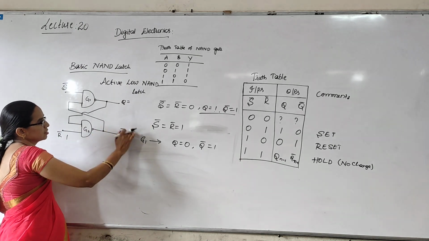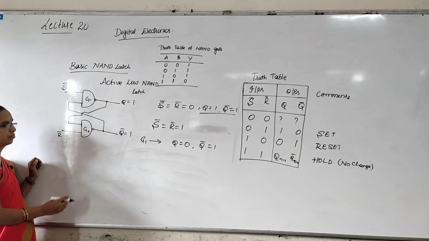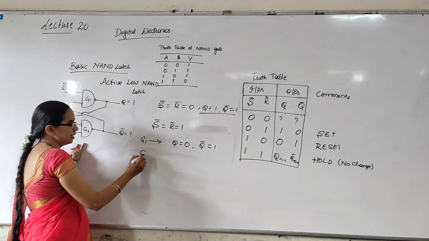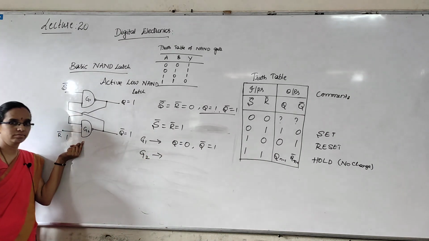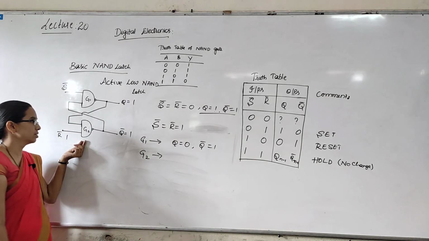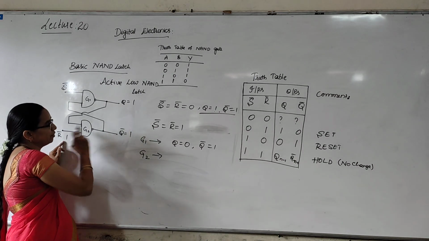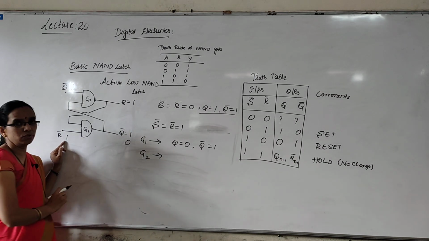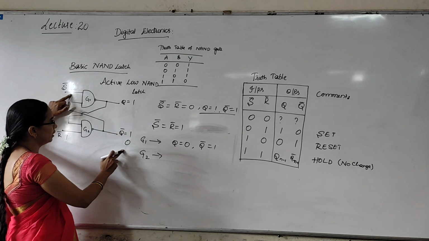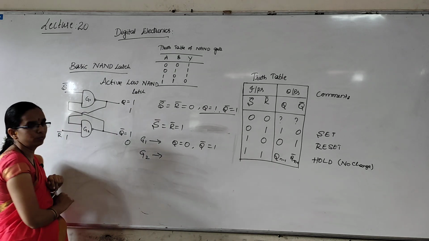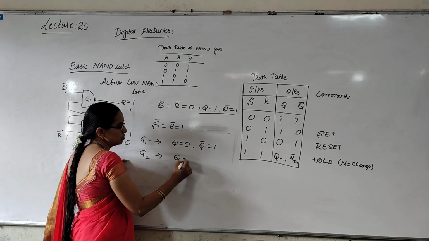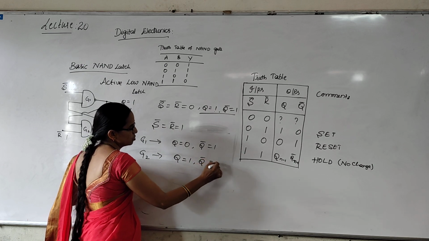Okay, for the next condition, I will analyze gate 2 first. What happens? 1 and 1, Q bar is equal to 0, and 0 and 1, Q is equal to 1. What happened? Q is equal to 1 and Q bar is equal to 0.